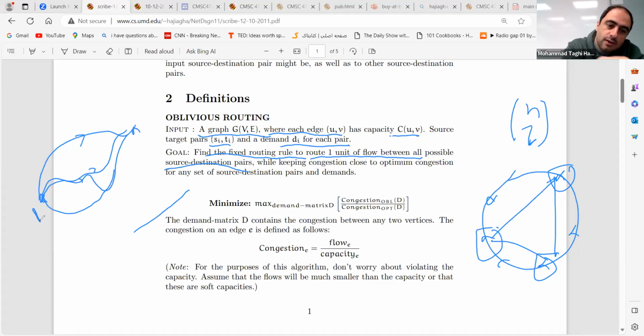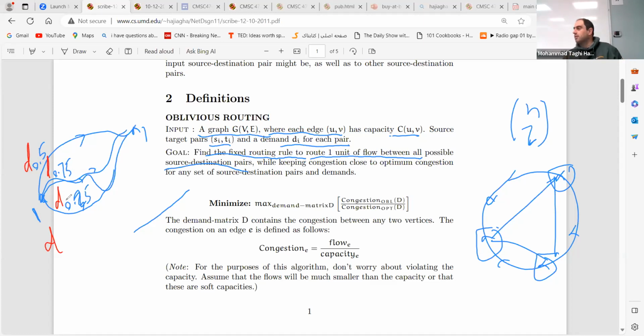So this is the one unit of flow that I want to send from here. Say, I don't know, 0.5 is going here, 0.25 is going here, 0.25 is going here. Then I have sent one unit of flow. Now, if you want to send d units of flow, just multiply everything by d. I will send d.